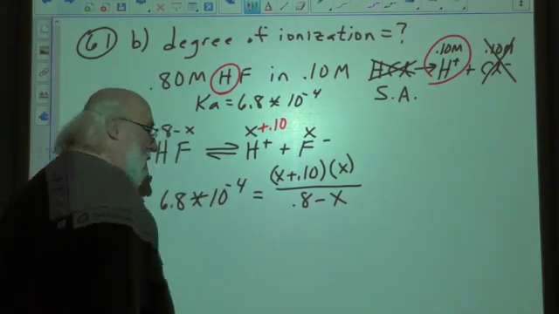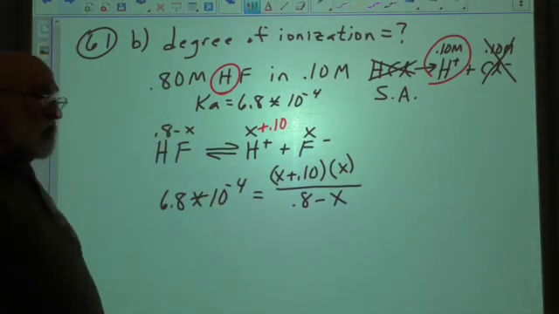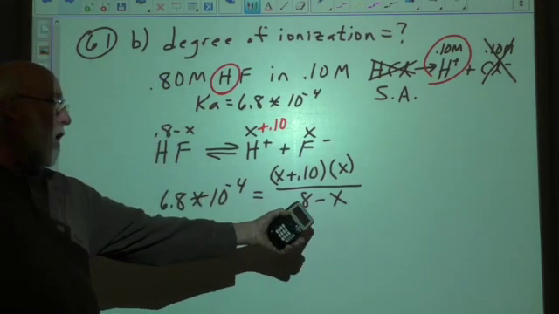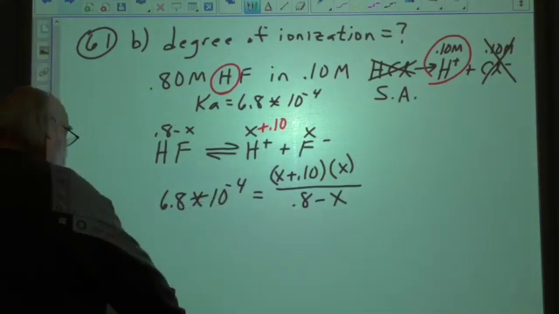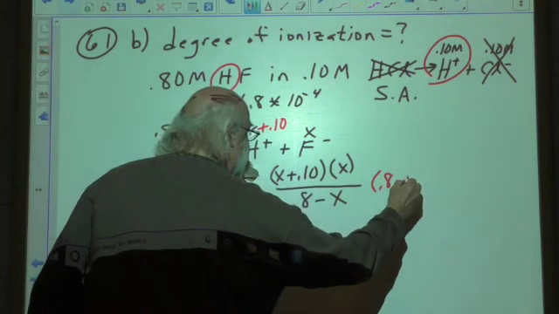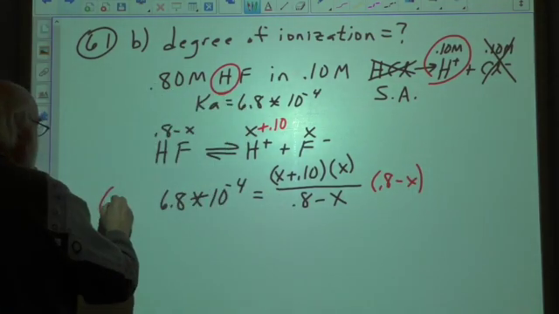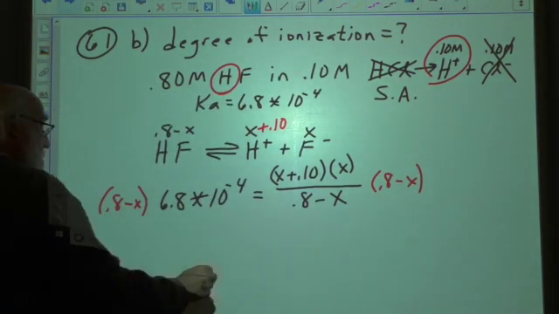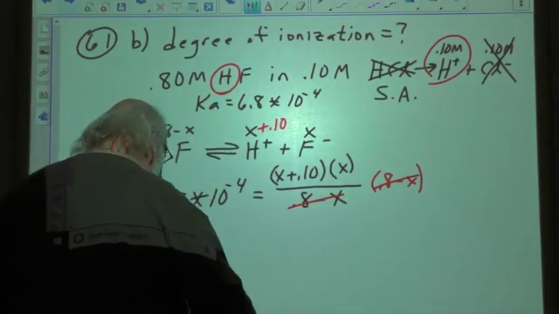Now this is getting kind of ugly, but it has a point here. We're going to again multiply both sides by 0.8 minus x. And that's going to cancel out right here.